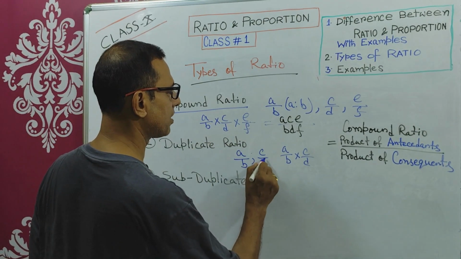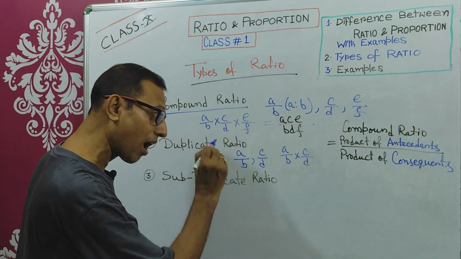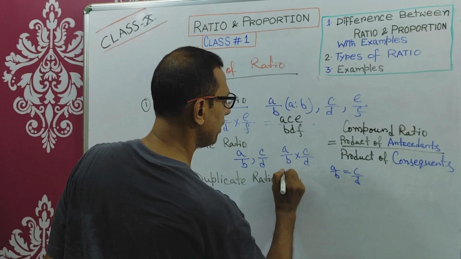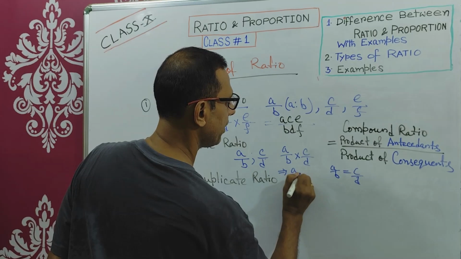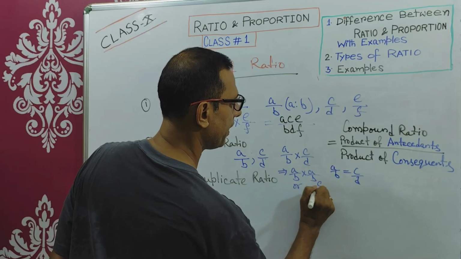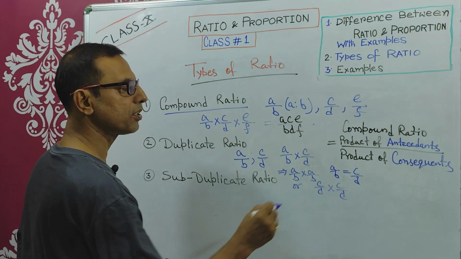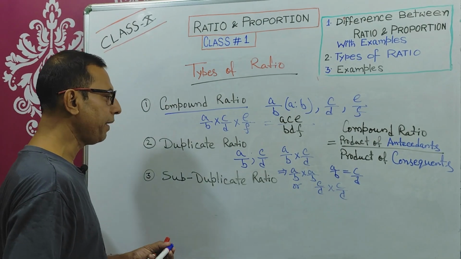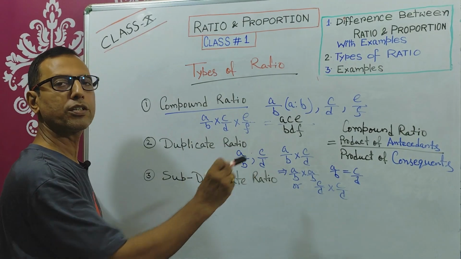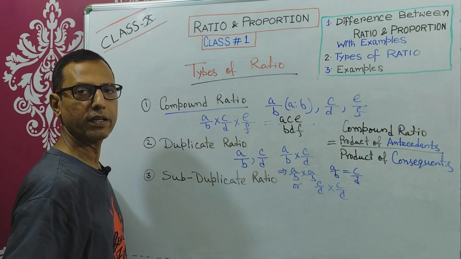Now if A by B equals C by D, it will be either A by B into A by B or C by D into C by D. That means A square by B square or C square by D square. So the compound ratio of two equal ratios is called the duplicate ratio.